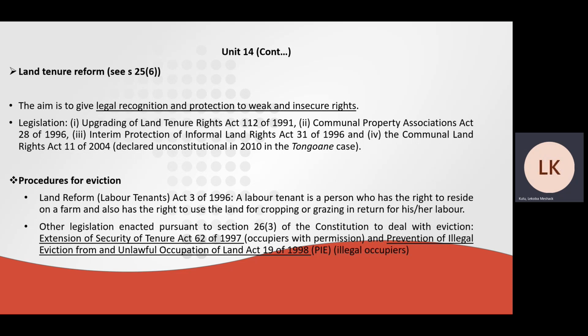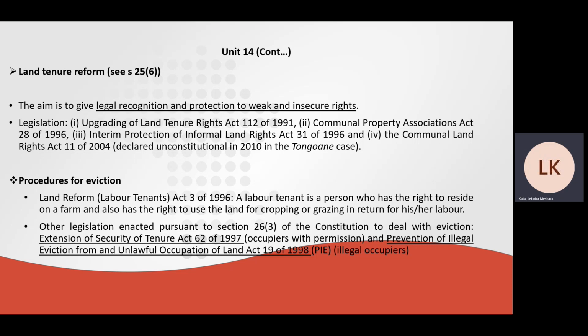So you find that especially with regard to blacks, there were apartheid laws that were passed that weakened the land rights of black people. So the aim of this land tenure category is to now recognize as well as protect those weak rights.